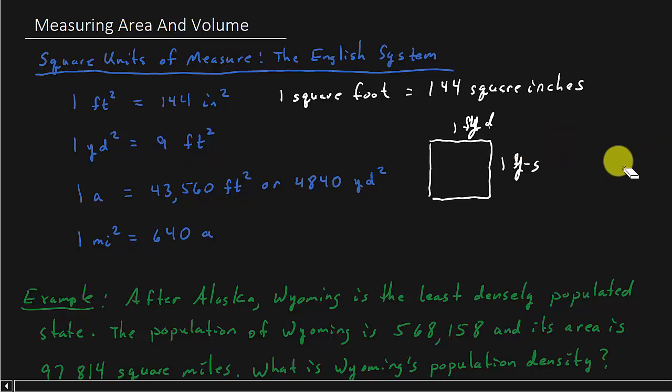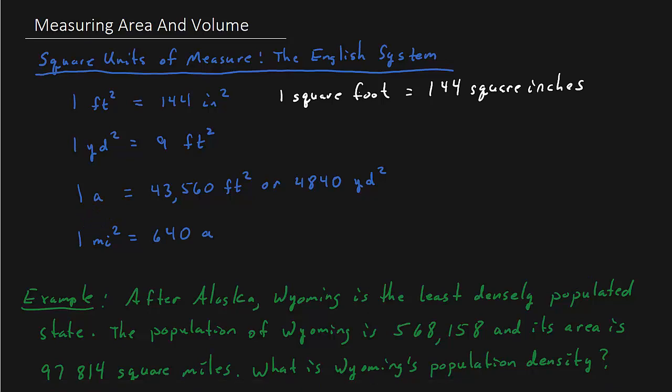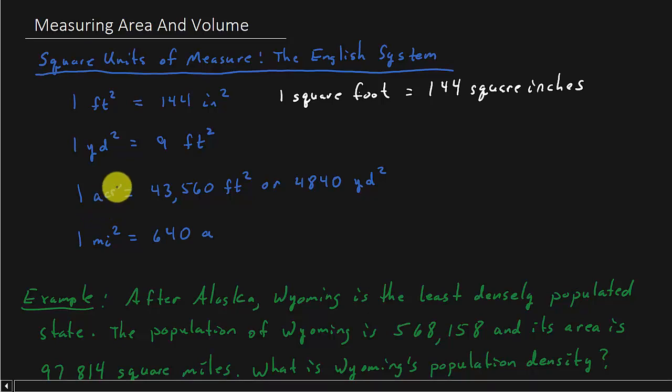Now, there is this right here. You'll need to know this. This 1, that is 1 acre. That's what the A stands for, an acre. So 1 acre is 43,560 square feet, or 4,840 square yards. And 1 square mile is 640 acres.